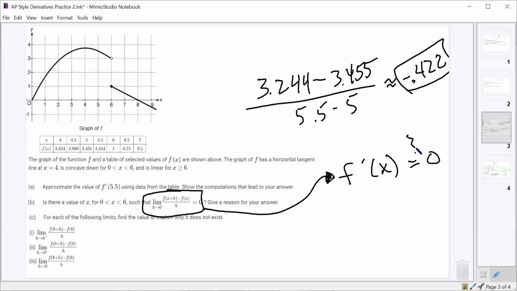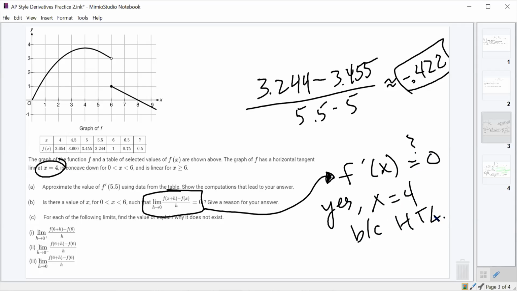Yes. It should be yes, and it should occur at x equals 4, because there's a horizontal tangent line there, right? Everybody good with that? Yes. All right, cool.